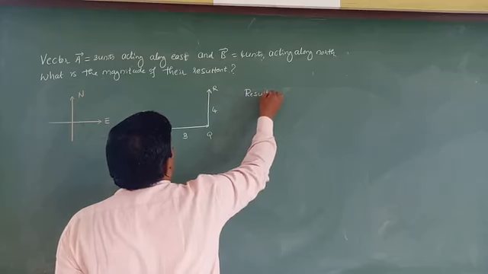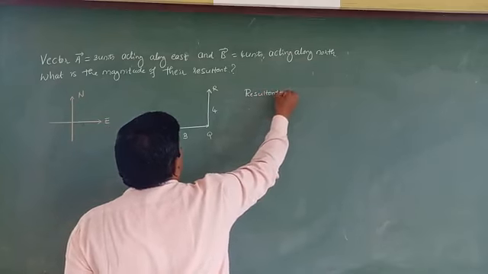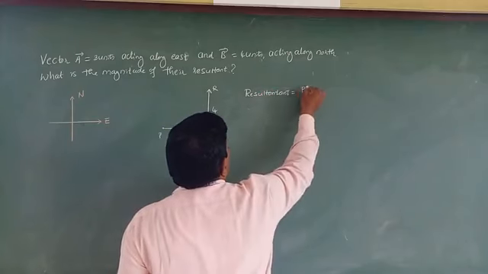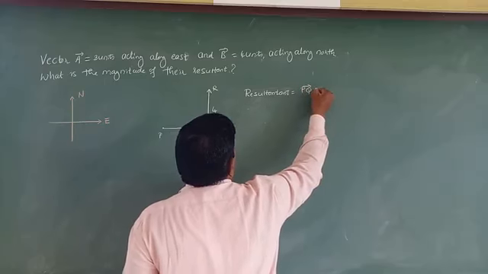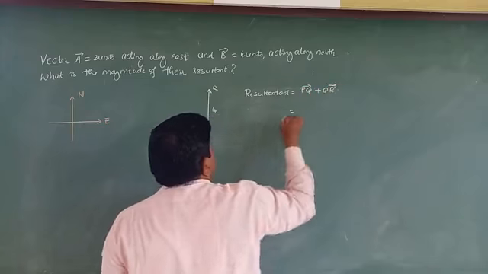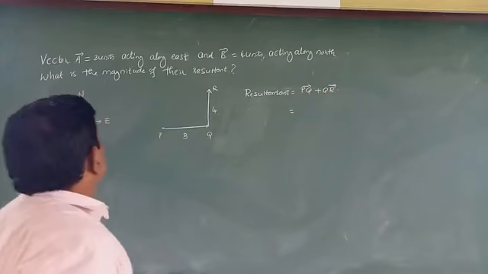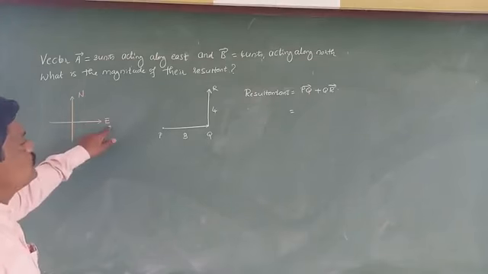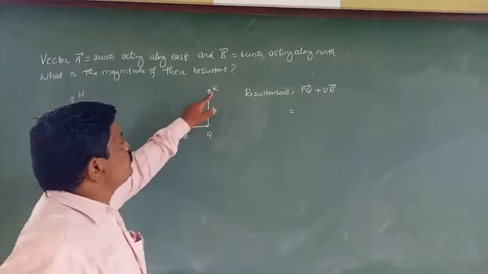The resultant is the sum of these two vectors, vector PQ plus vector QR. The direction of PQ is towards east and the direction of QR is towards north.